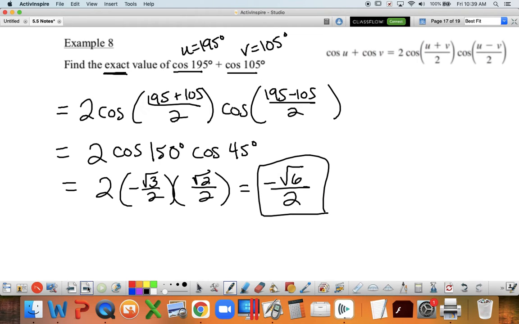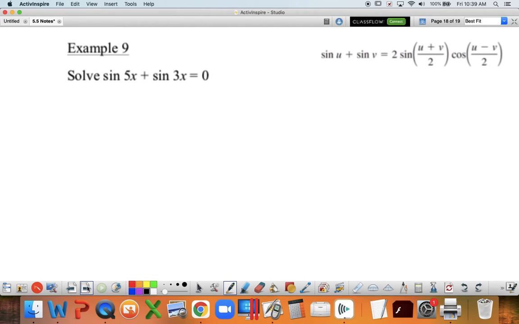Example 9 is going to be very similar. But now they want us to solve. Notice how this is now set up as an equation. It is equal to 0. So I have to figure out what values of these angles are going to work in here. So our u value is going to be 5x.